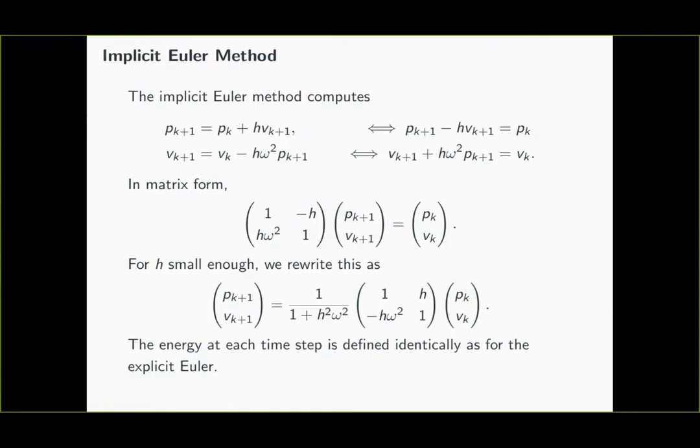Okay, this expresses the old iterate in terms of the new iterate with the matrix vector product. Of course, we would like to have it the other way around. And for that reason, we simply multiply both sides of that equation by the inverse of the matrix.